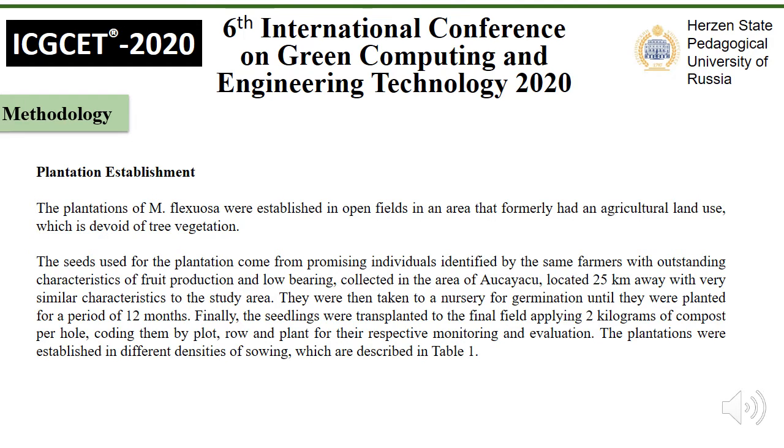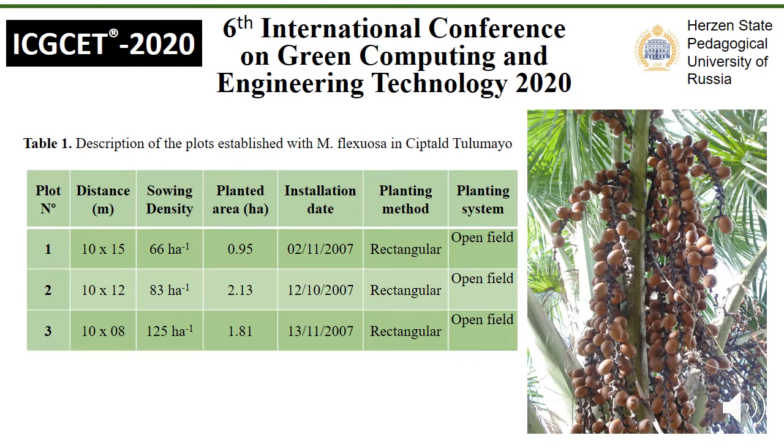The plantations were established in different sowing densities, which are described in table 1. Here we can see table 1, a description of the plots established with M. flexuosa in CIPTALD Tulumayo.